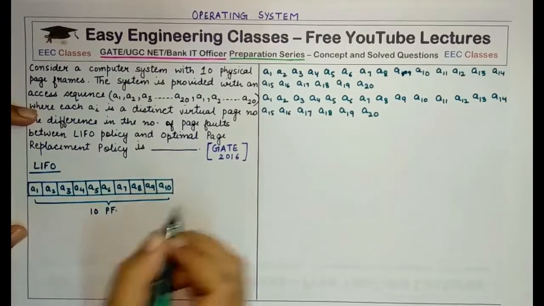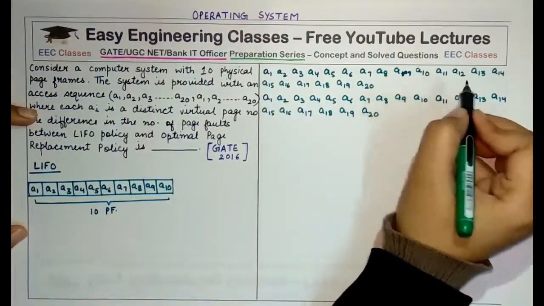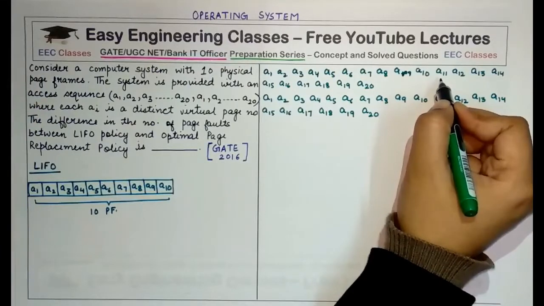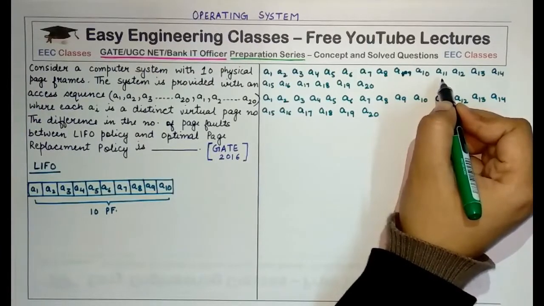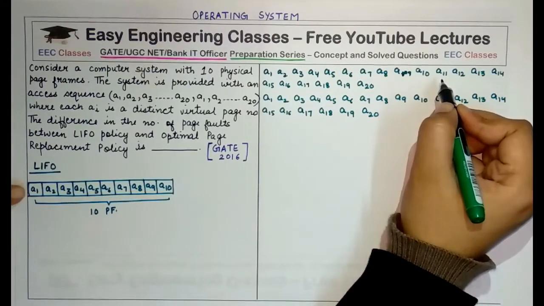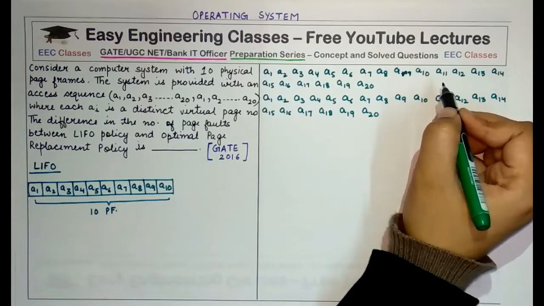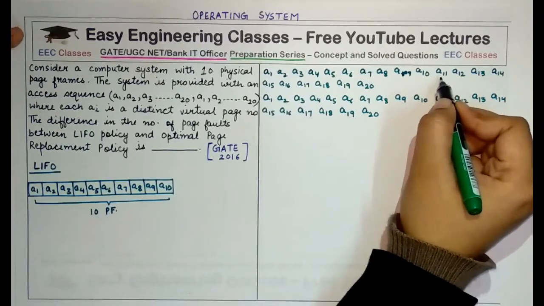Alright, now we are done with the first 10 pages. Let's go to the 11th page. Since the 11th page cannot be directly put without a page replacement, we have to replace one of the pages initially present in the frame set. So what policy would be used for replacing?